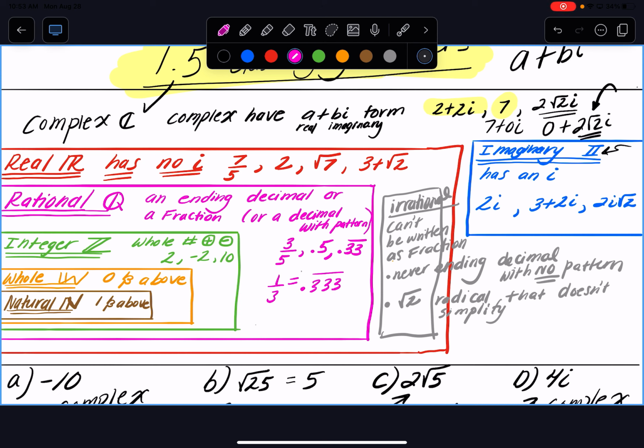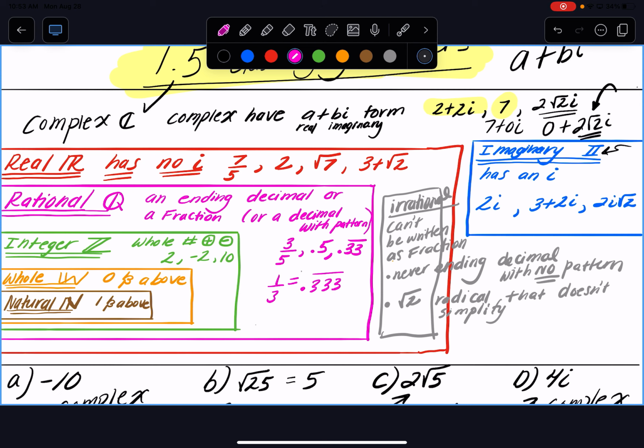It's a repeating decimal. That's considered a rational number. So I like to say rational numbers can be written as a whole number or a fraction. You guys, a whole number is a fraction. For example, isn't 7 the same thing as 7 divided by 1? So that's considered a rational number. It's written as a whole number or fraction.